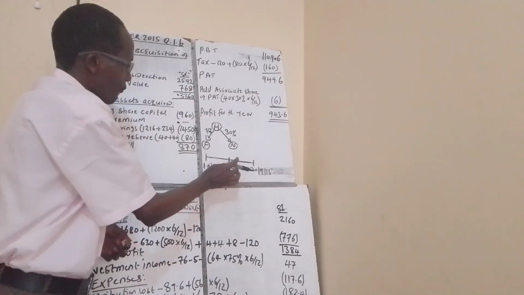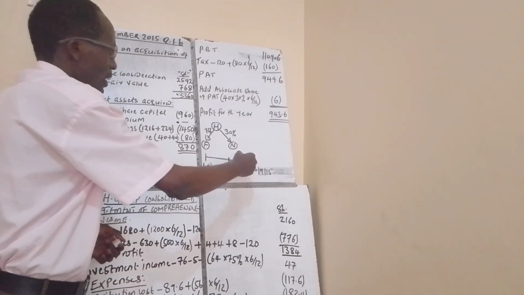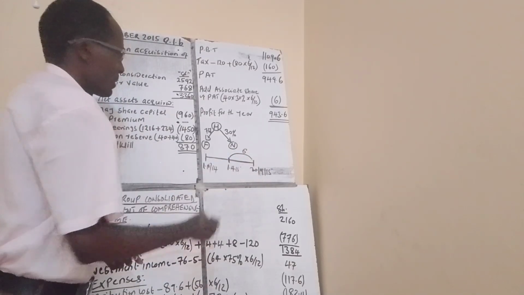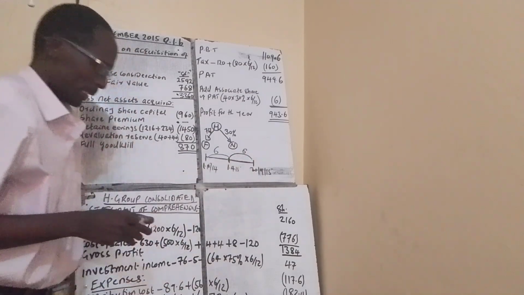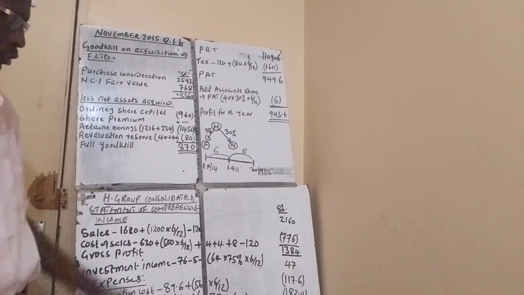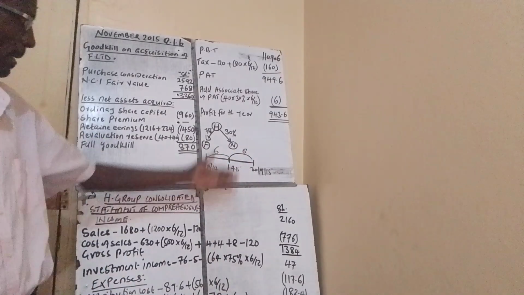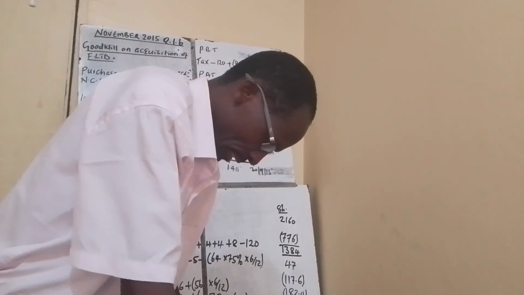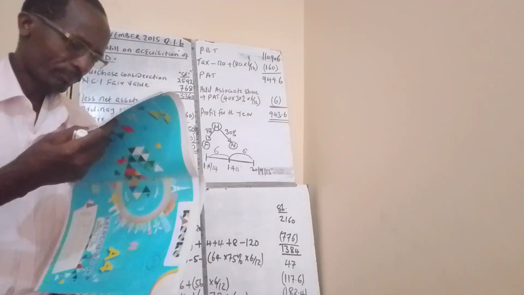So this means from 1st April to September, these are 6 months, and the other part is 6 months. So we are dealing with 6 months. Most of the items will be apportioned using 6 months because this transaction took place just 6 months before the end of the year.